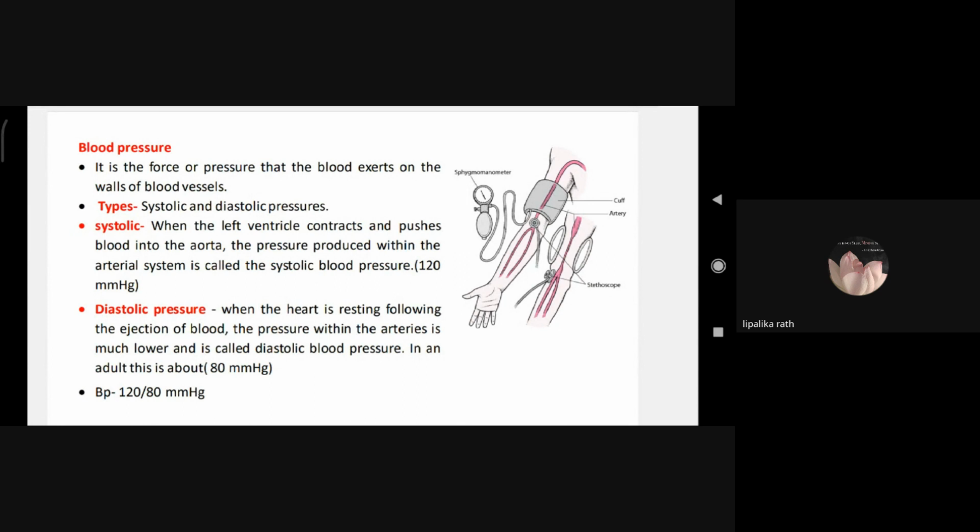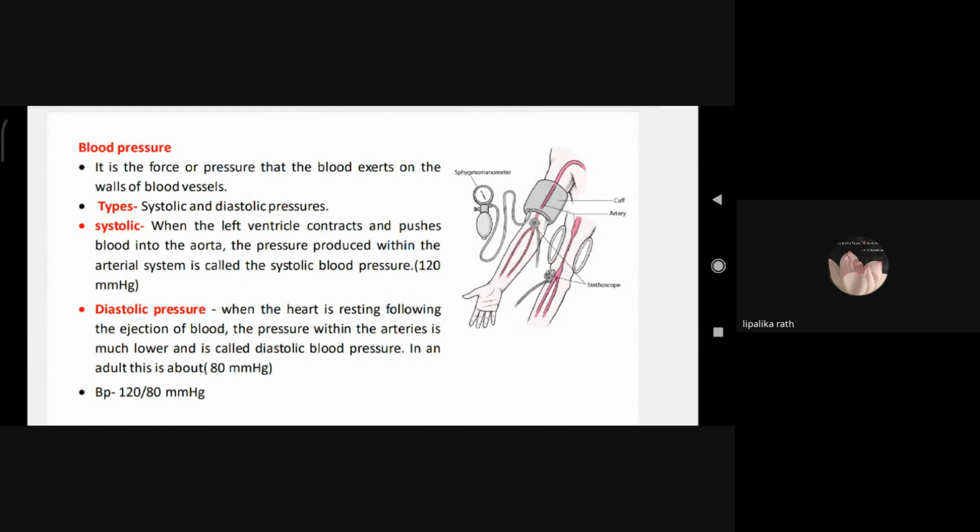Now, blood pressure is of two types, systolic and diastolic. Systolic is when the left ventricle contracts and pushes blood into the aorta. The pressure produced within the arterial system is called systolic blood pressure.